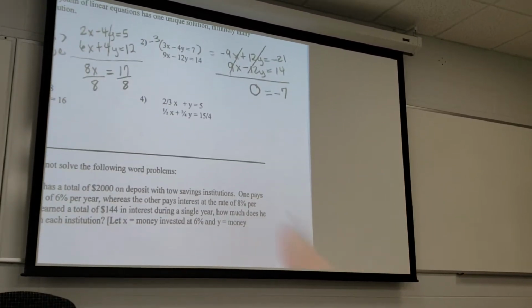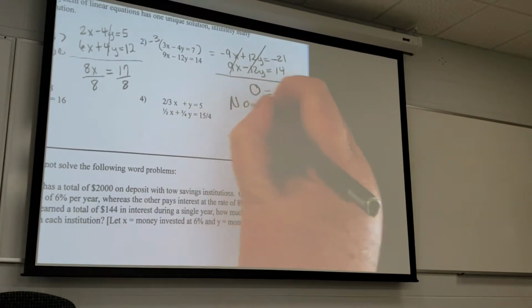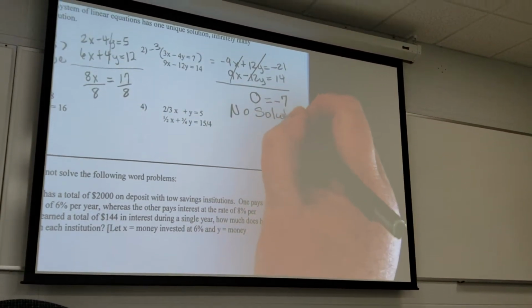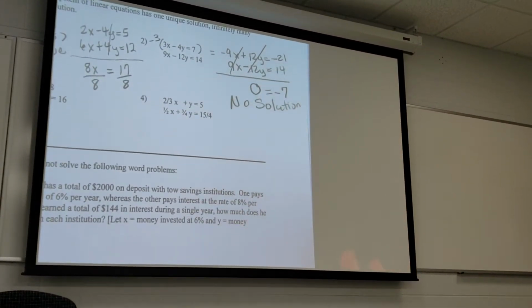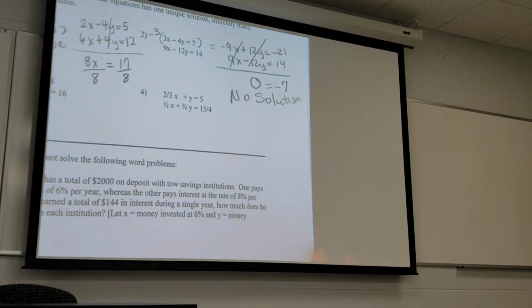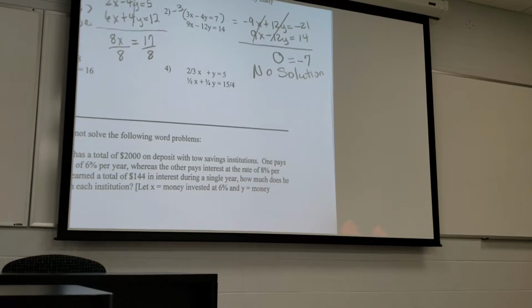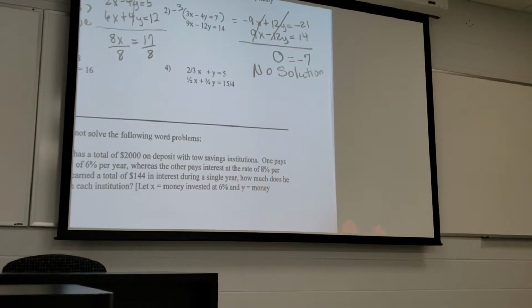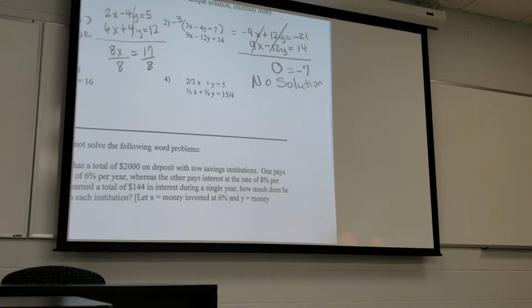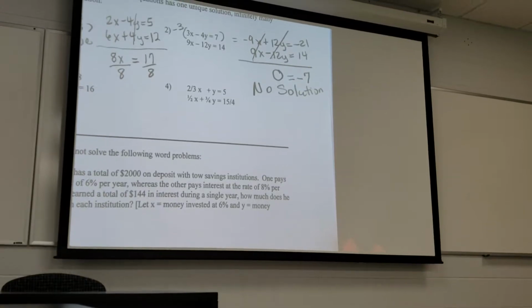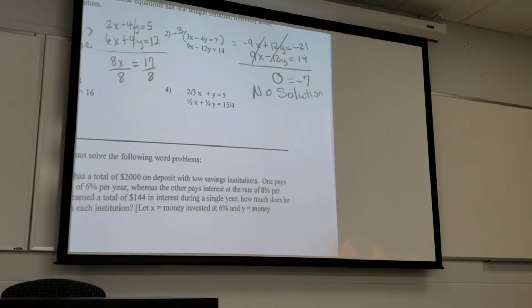Right. Okay, this is no solution. It is an inconsistent system. They are parallel lines. Lines that never cross. All right?